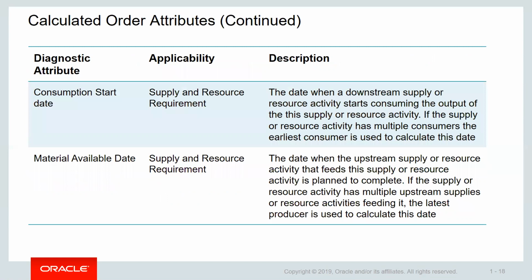Here, two diagnostic attributes are listed with their applicability and description. One is the consumption start date, and the other one is material available date.